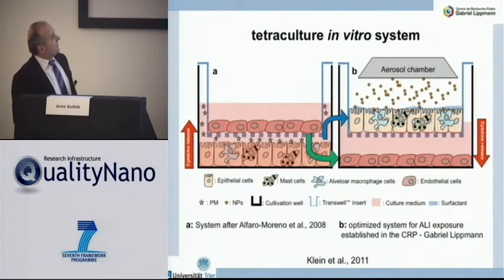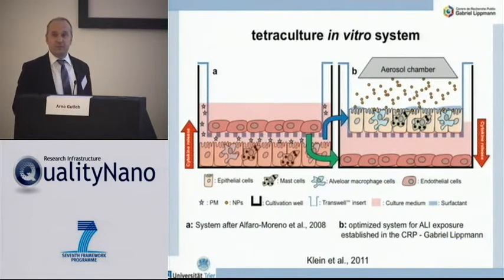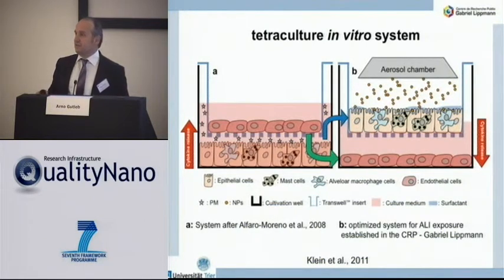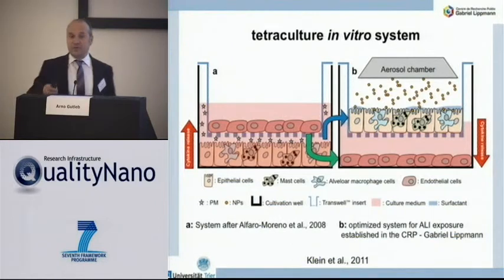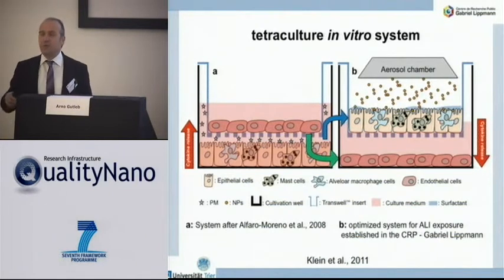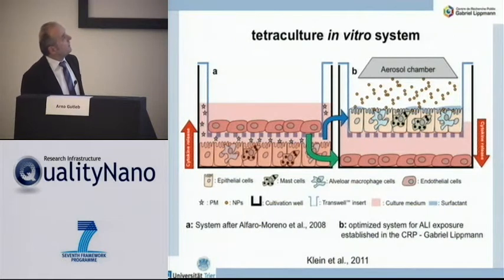And then we have macrophages that we differentiate into phagocytosing macrophages. We have mast cells and we have the endothelial cells. This allows us to keep the cells at the air-liquid interface. That was very important for us because we do not want to have nanoparticles in whatever medium that we have to inject to a medium. We want to have it from the airstream, and how we expose I will show you in a minute. So that's a big advantage.